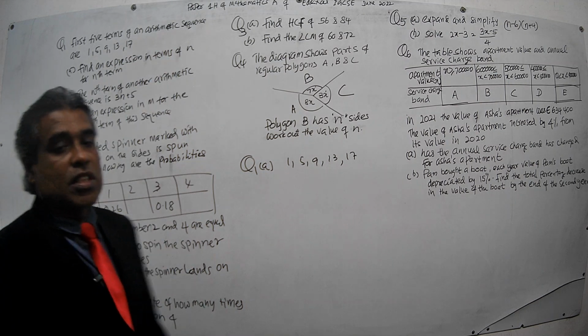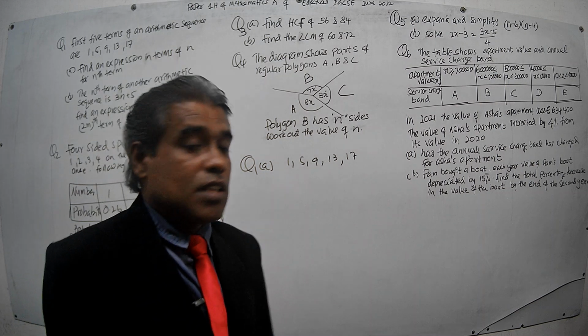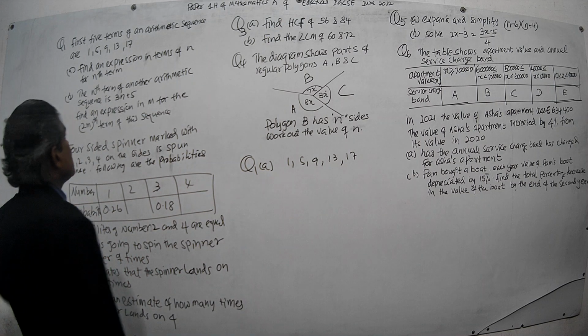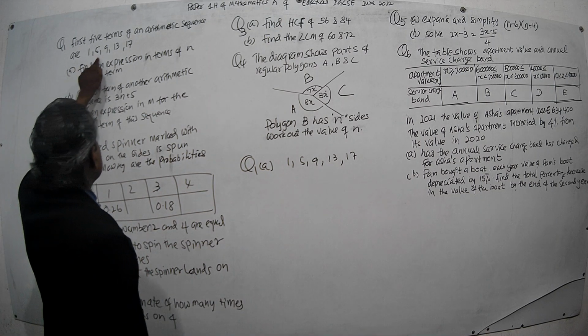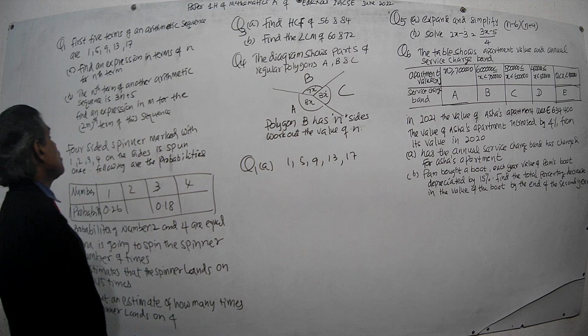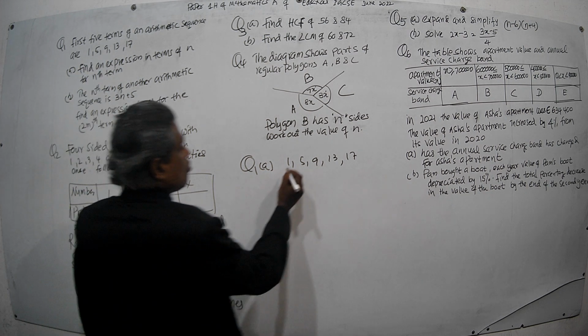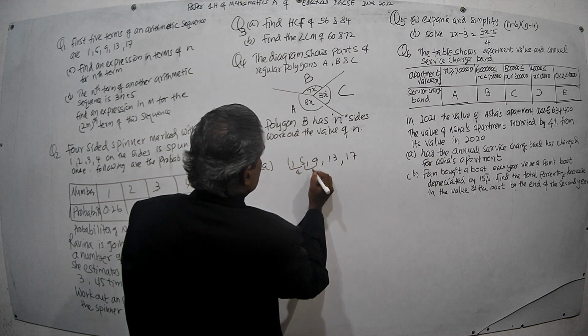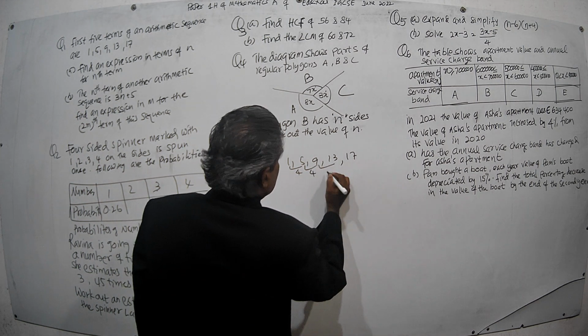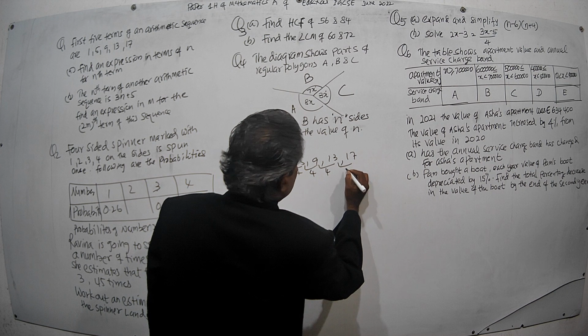Arithmetic sequences are also called linear sequences, right? An arithmetic sequence maintains a common difference. That is, the difference between every pair of consecutive terms is the same. For example, here 1 to 5, 4. 5 to 9, 4. 9 to 13, 4. 13 to 17, 4.